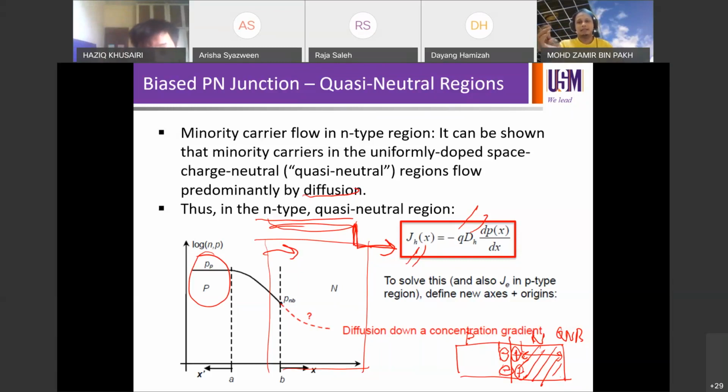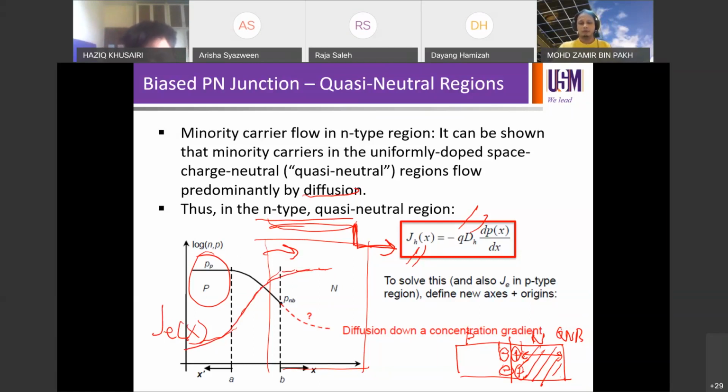Now we discuss J_HX, diffusion current density due to holes. If you're talking about this curve, let me draw on this page. If you're talking about this curve, on the other hand, we are only telling one side of the story, p-type, hole only, right? So this curve is about J_EX. J_E, electron, is equal to Q D_E dn/dx, right?